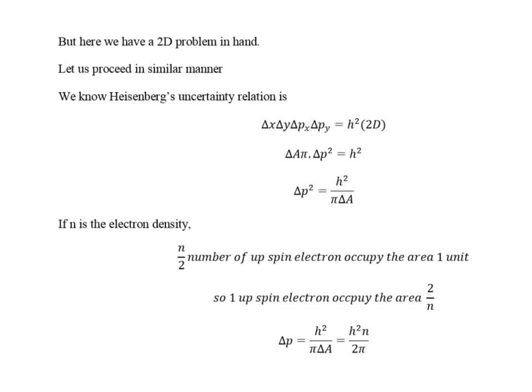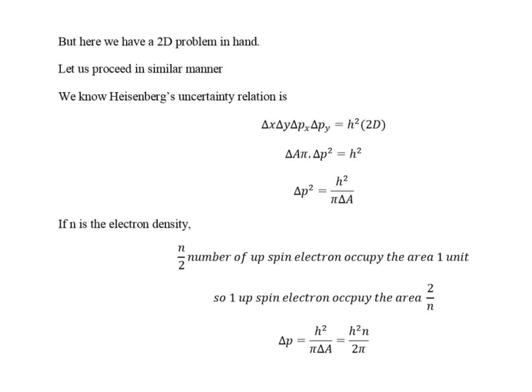Again, let us argue in a similar manner. If n is the electron density, n number of electrons occupy unit area. That means n by 2 up spin electrons occupy unit area. So 1 up spin electron occupies 2 by n area. Substituting, delta p square you will get as h square n by 2 pi.